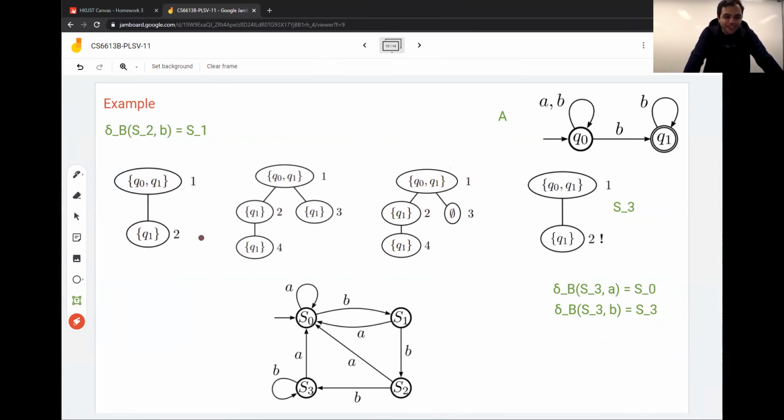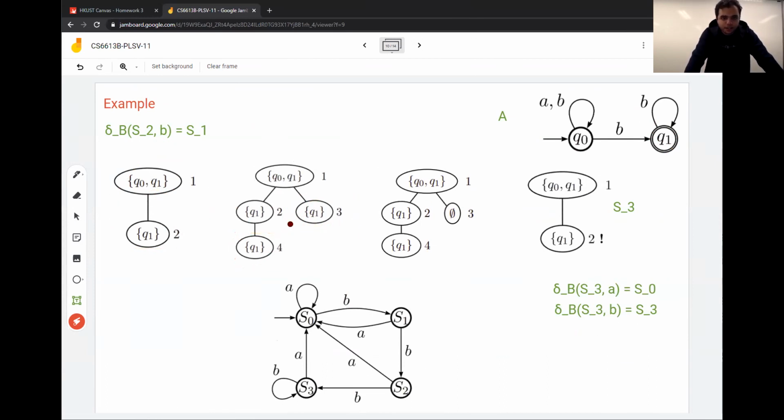Okay, what happens if I'm at state S2 and I read B? Again, the first step was figure out if you have any target states and create new children for those target states. So I have Q1 here, I create this child, which has Q1 in it and gets a new number. I also have Q1 here, so I create this child.